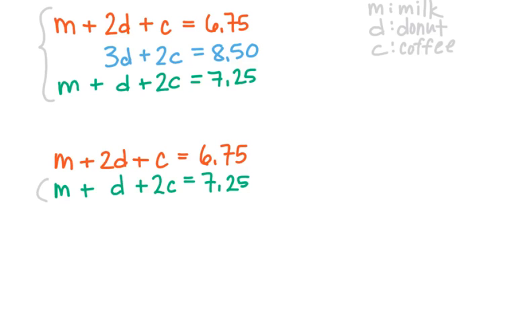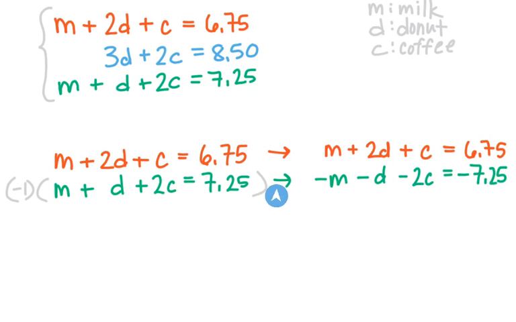If I choose to multiply one of my equations by -1, then we'll have opposite signs and the M's will cancel. So that multiplication creates this equation: -M minus D minus 2C equals -7.25. So I'll add these together.